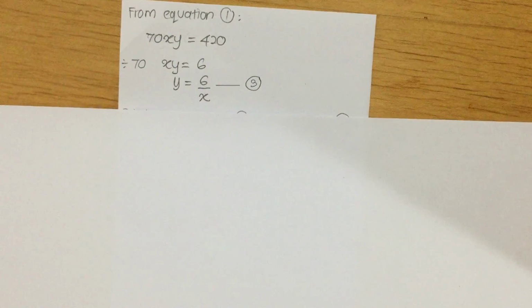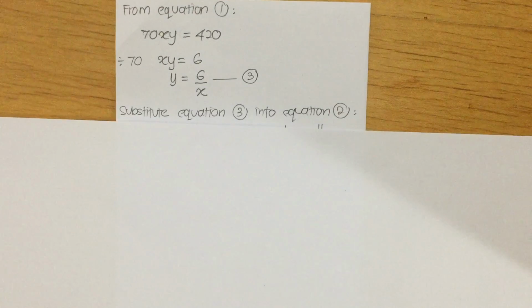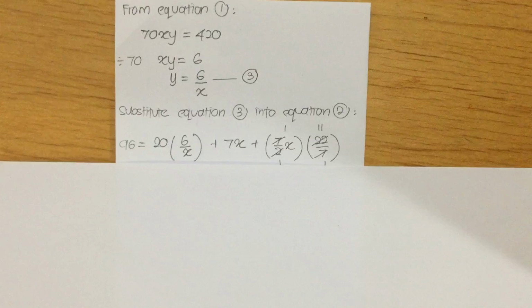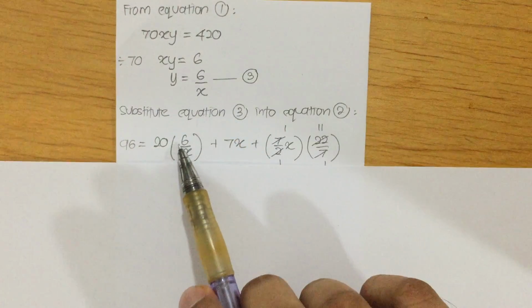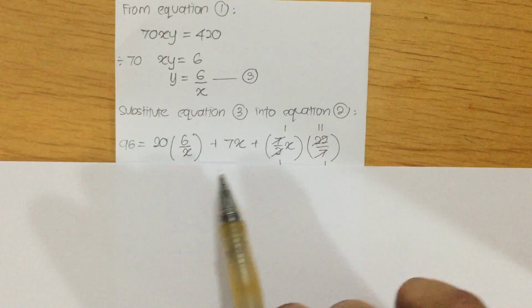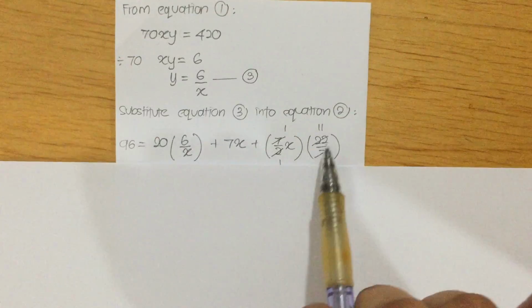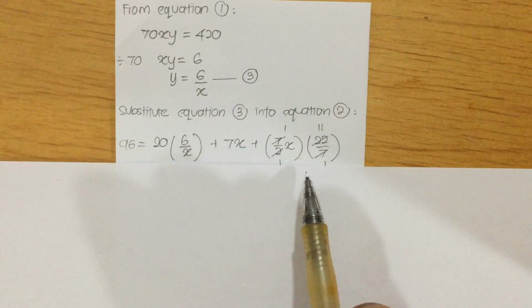Okay, let us continue. We're going to substitute equation 3 into equation 2. So moving on, 96 equals 20y. Since our y equals 6 over x, we're going to substitute in 6 over x close bracket plus 7x plus 7 over 2x pi. Since our pi, we need to use 22 over 7.